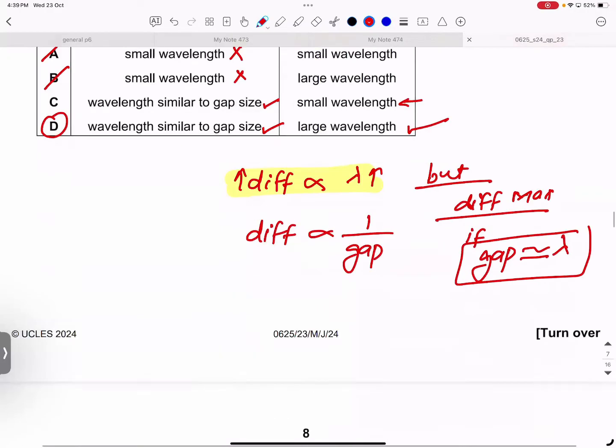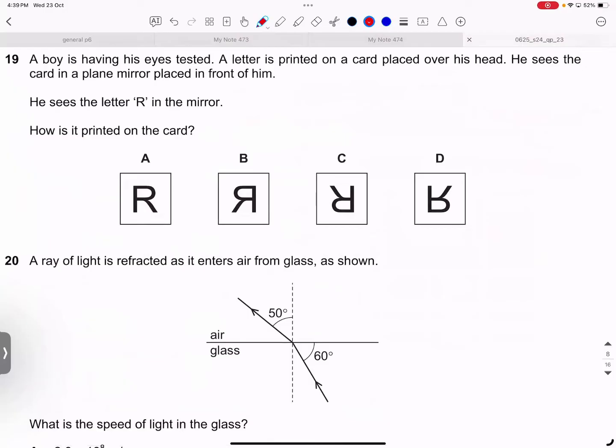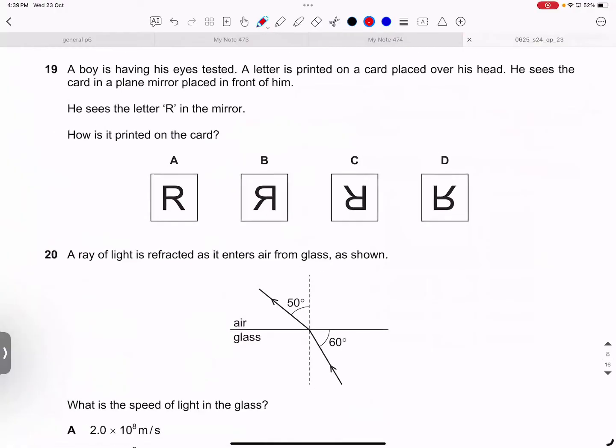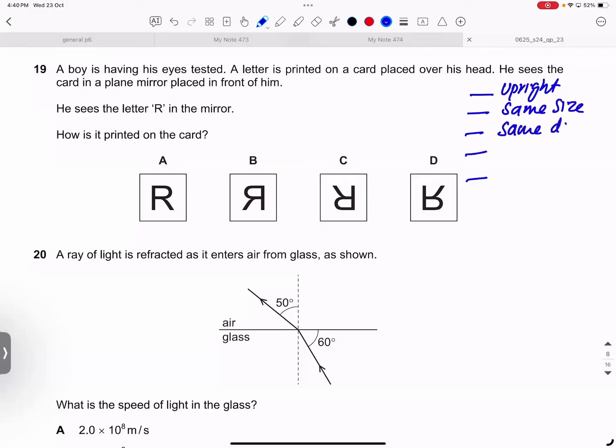Question number 19. A boy is having his eyes tested. A letter is printed on the card placed over his head. He sees the card in the plane mirror. Before you choose any option, a plane mirror image has 5 characteristics. It should be upright, the same size, the same distance, and virtual.